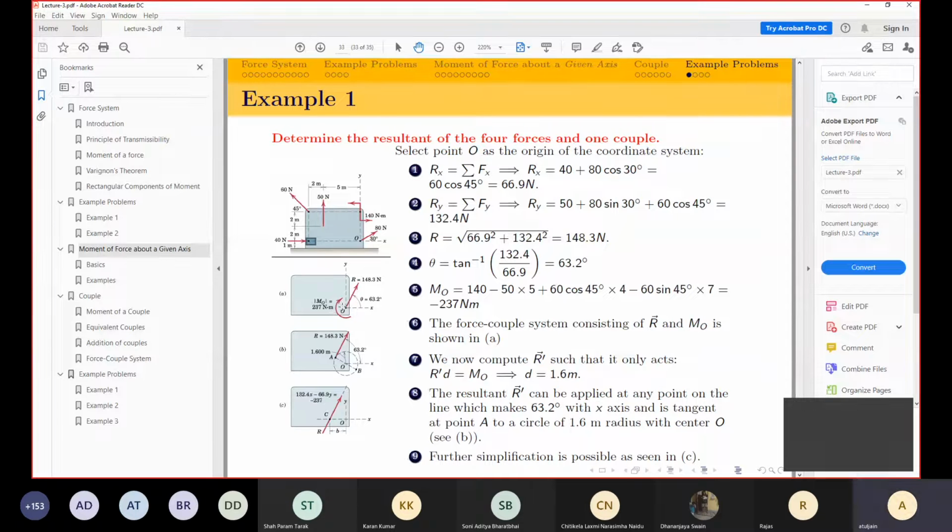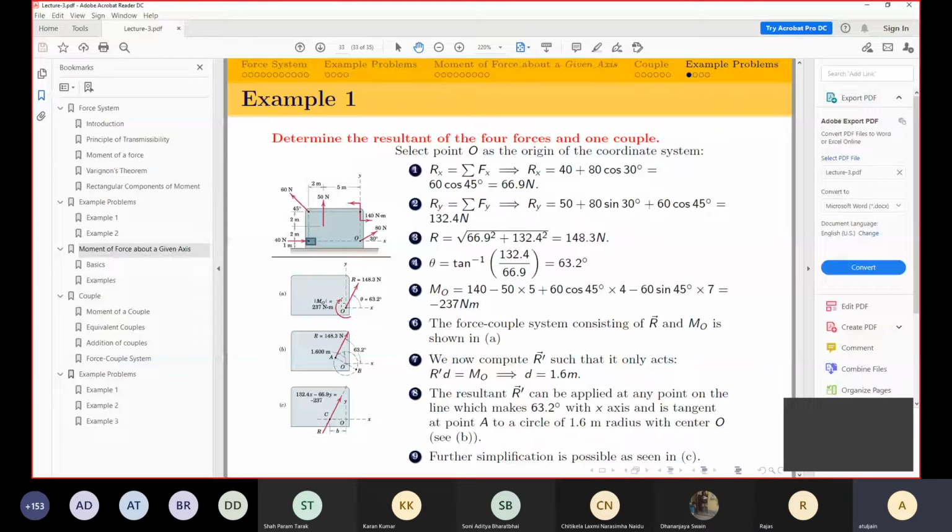If the force at point O is replaced by a force at some other point, I will get a force and a couple at that point. Now, if the value of that couple is equal and opposite to M0, then at that point there is only a force. So we are trying to find R into D is equal to M0. I want to find the value of D such that R into D is equal to M0.